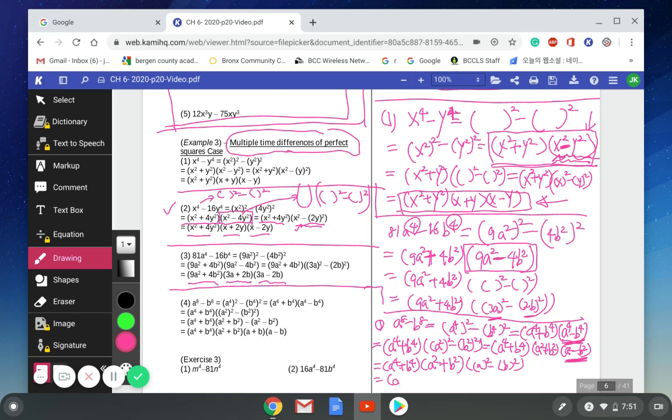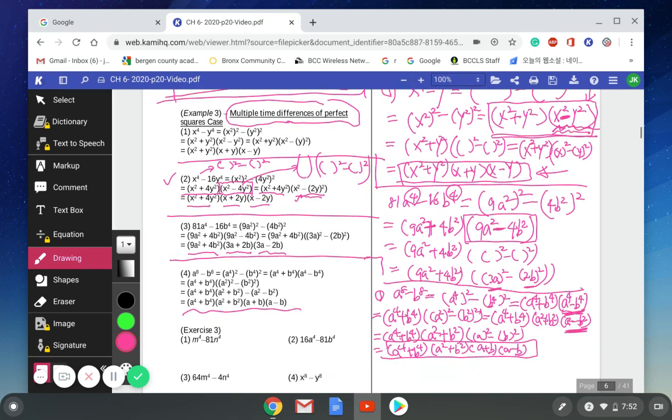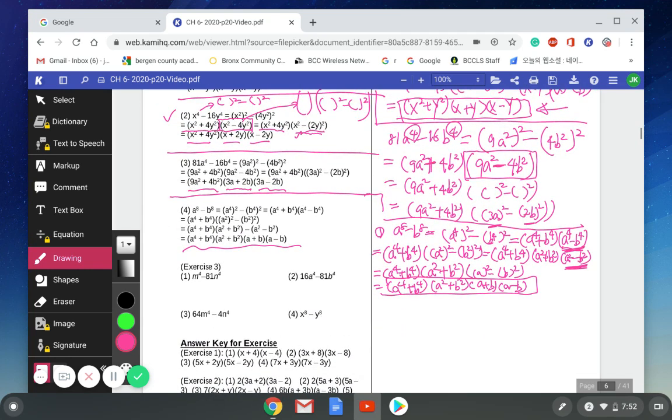So you end up with a to the fourth plus b to the fourth, a square plus b square, a plus b, and a minus b in quantity. So that's how you get this. So it's many steps, but as long as you have a difference of perfect squares, you have to keep doing it. Okay?